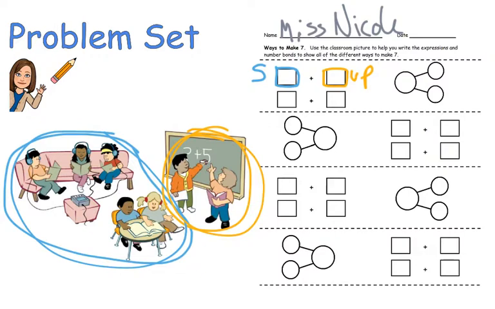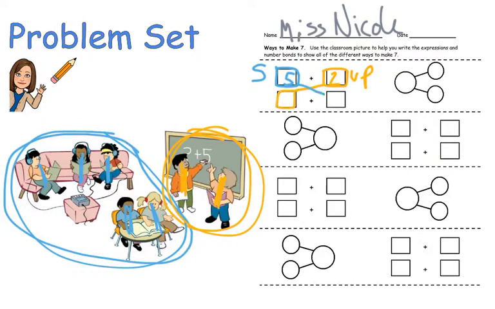So let's see. How many kids are sitting down? We have 1, 2, 3, 4, 5. 5 students sitting down. And then how many students standing up? 2. There we go. Now we're going to write the flip-flop, the switcheroo.